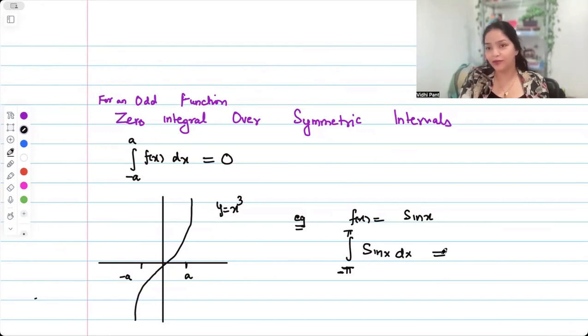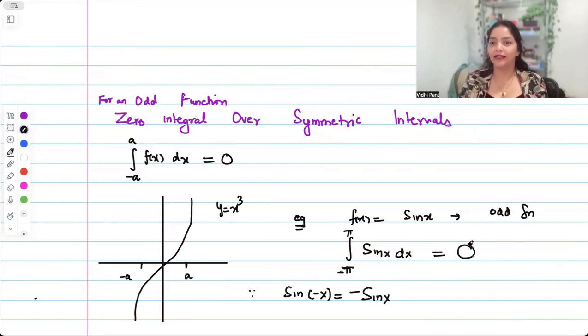You will have to recall that this is an odd function. Sine minus x is equal to minus sine x. Therefore, the area is 0. The integral will be 0.